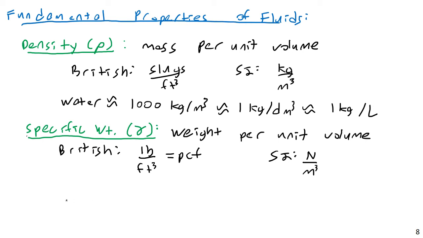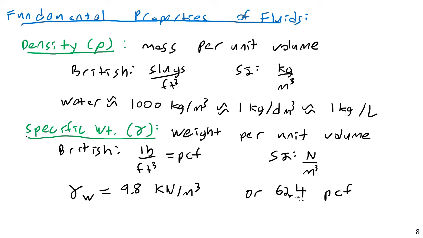And gamma of water is approximately 9.8 kilonewtons per cubic meter, where we basically multiply by g, or 62.4 pounds per cubic foot. That's something you might want to memorize.